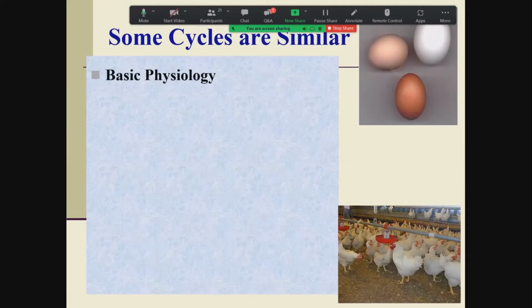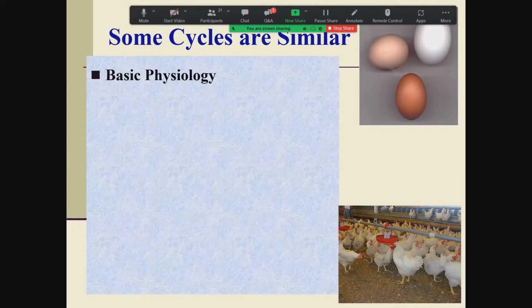First, basic physiological functions are the same. The egg forms the same, the digestive tract works somewhat the same. They're maybe a little more efficient in some ways for meat birds, but very little changes. Even when you look at the underlying genetics of chickens, even though they look so different and have changed so much, close to 90% of the genes are identical.